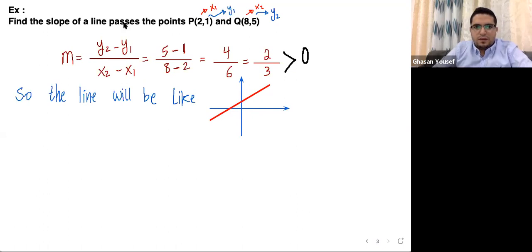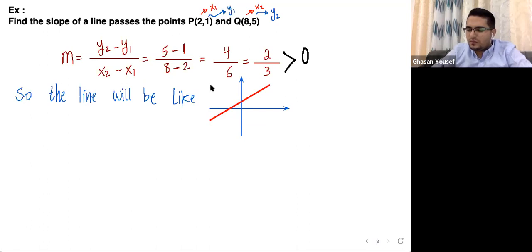Okay, any question for this example? Is it a linear? It is a linear, yes. We're going to know after this example the equation of the line. I now know the slope and how the line looks like from 1 to 4.